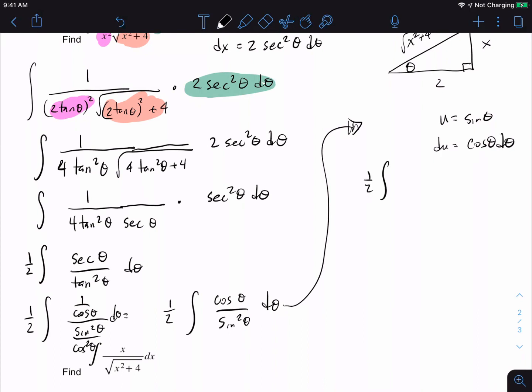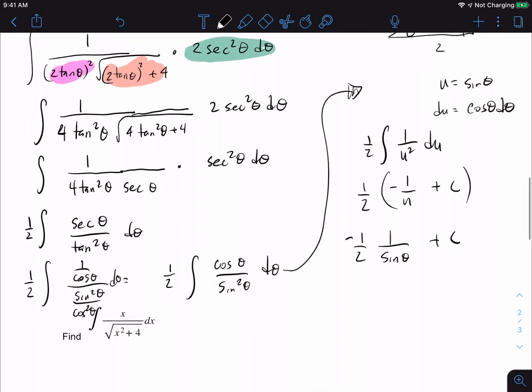So I'm going to get 1/2 the integral of 1 over u squared du, and that's going to be a negative 1 over u plus some constant c, which gives me negative 1/2 times 1 over sine theta plus some constant c, which is the same as negative 1/2 cosecant theta plus c.